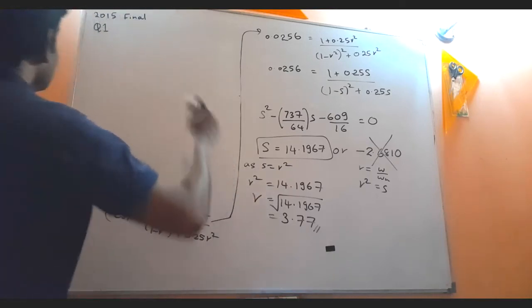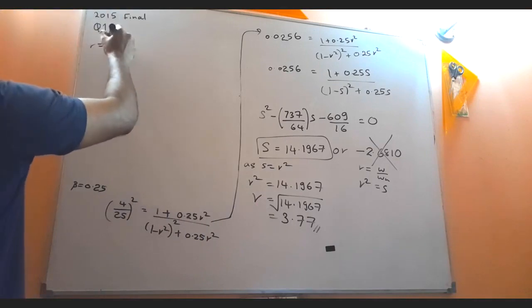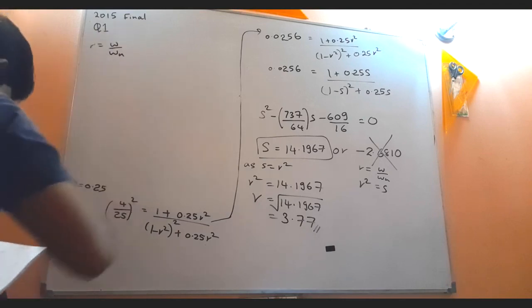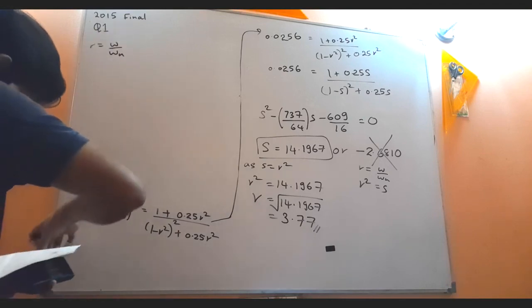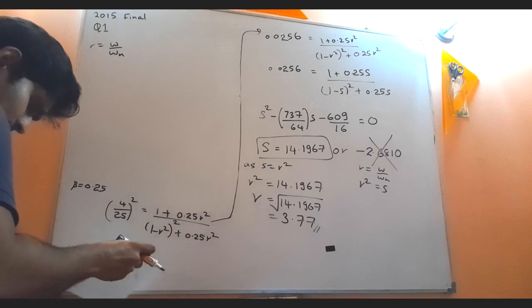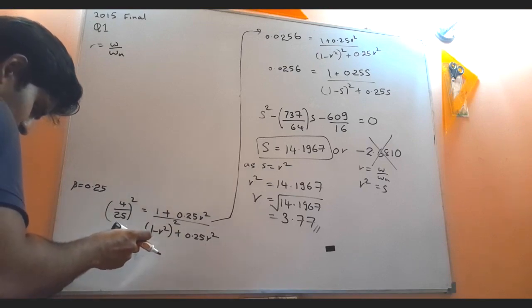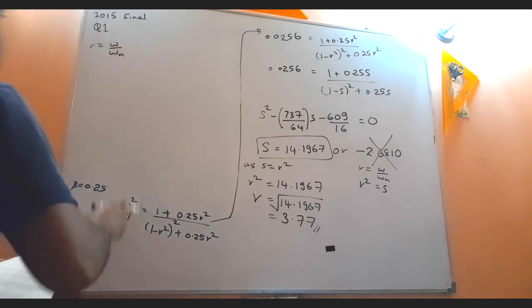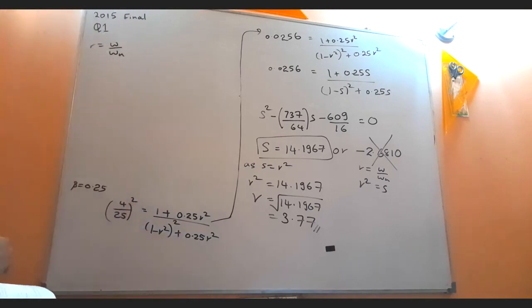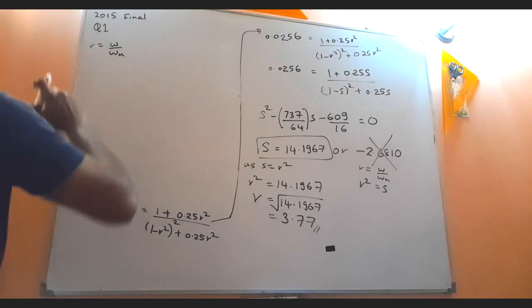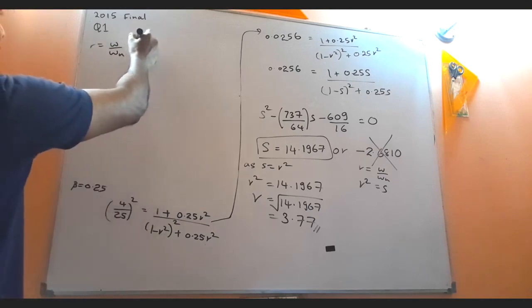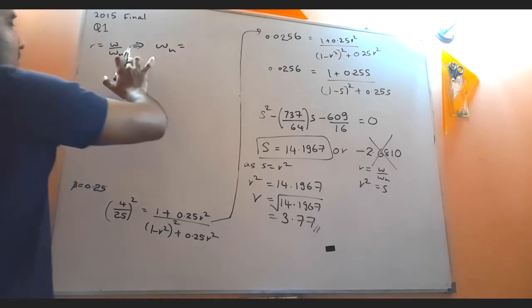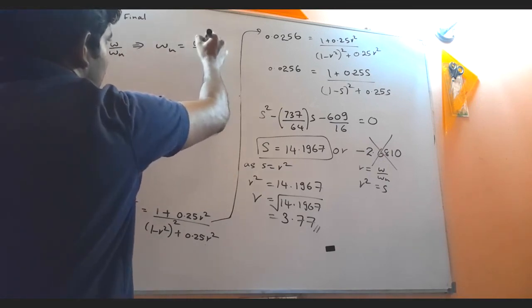We know that R equals omega divided by omega n, because omega is actually given. From part B, we know that the machine mass is operating at a speed of 1500 revolutions per minute, so you know omega. R also you know, so this implies our omega n will be omega divided by R.